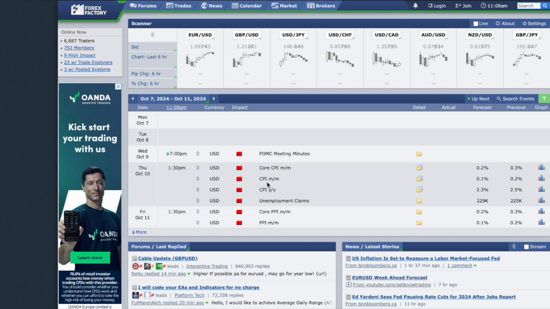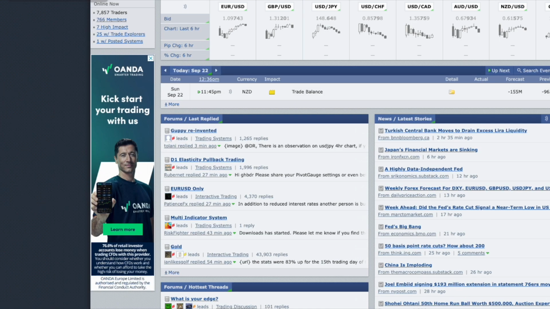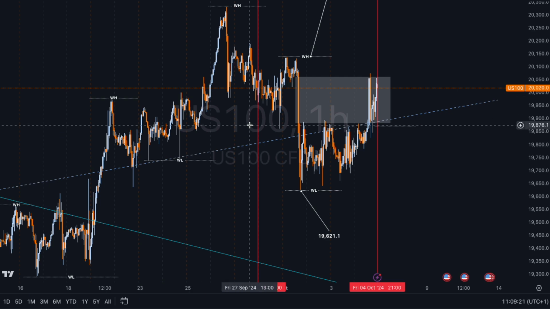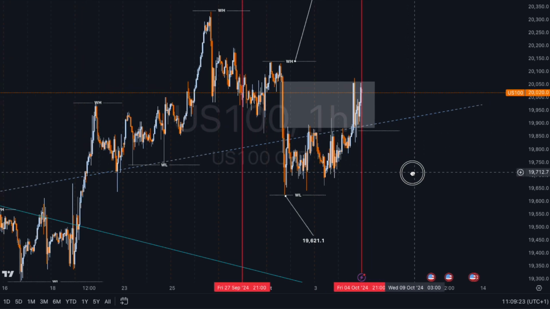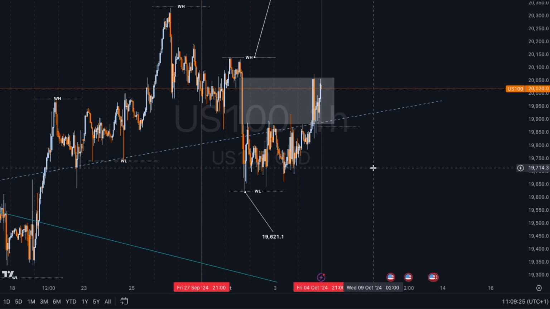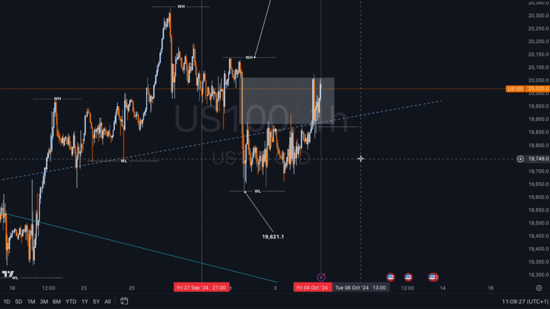So it will give us an idea. So let me just go back to the market. So I believe CPI and PPI, so Thursday and Friday, will give us an idea as to where we are in the market.